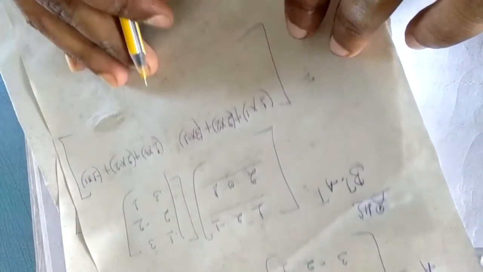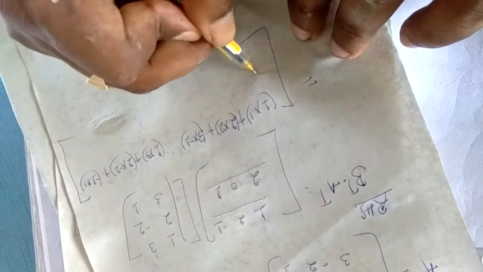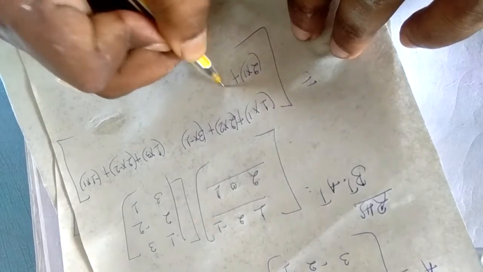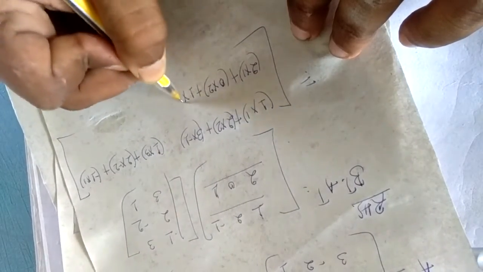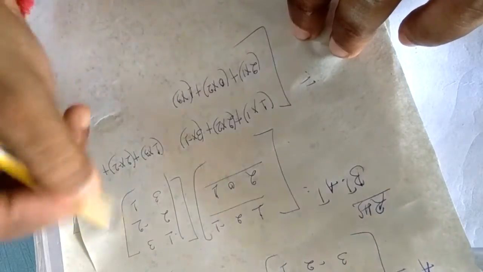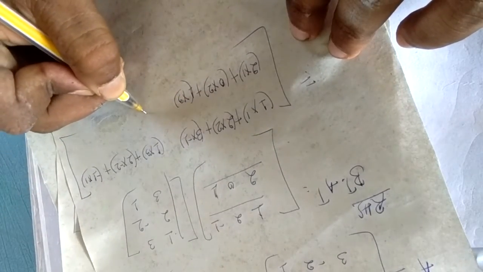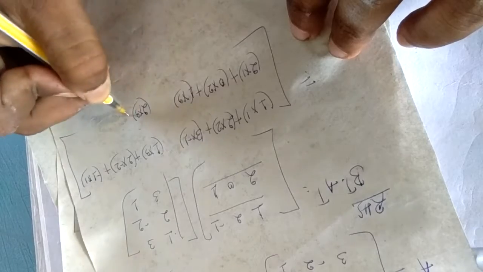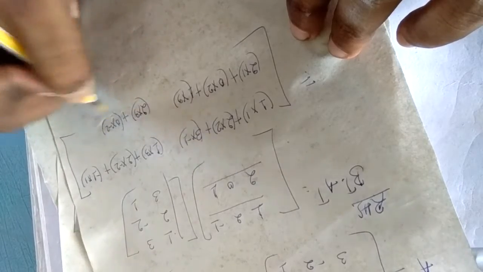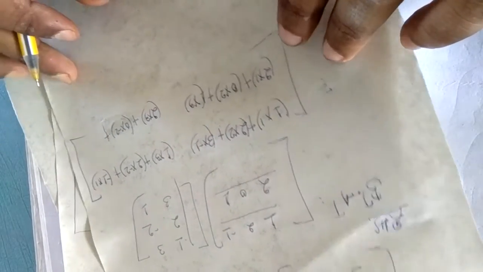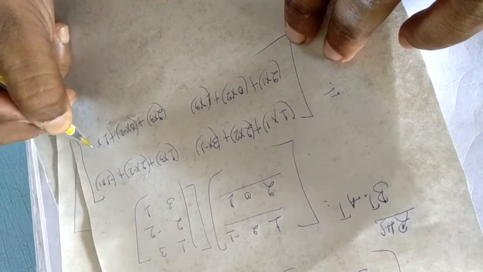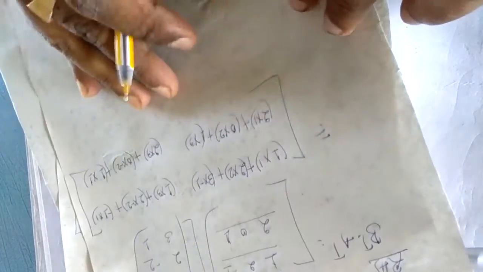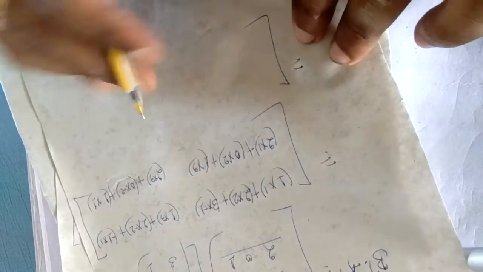Similarly second row multiplied, 2 into 1 plus 0 into 2 plus 1 into 3. Similarly second column, 2 into 3 plus 0 into minus 2 plus 1 into 1. So now calculate this.